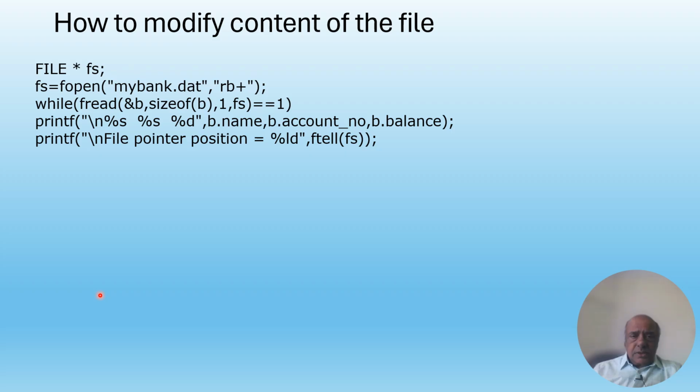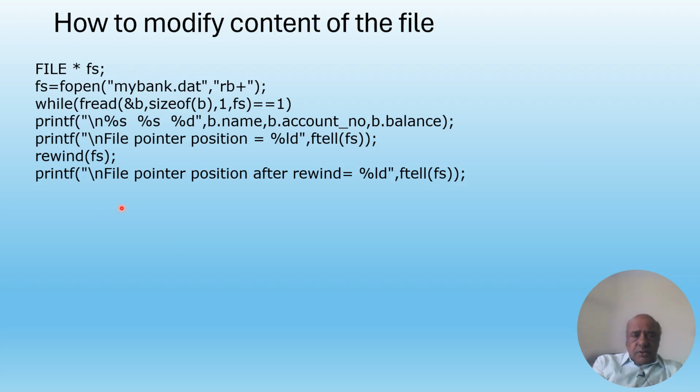Then we take the pointer position by using the function ftell. Please note ftell returns a long int when it is executed. We use ftell with the file pointer fs in the parentheses, which we declared while opening the file.